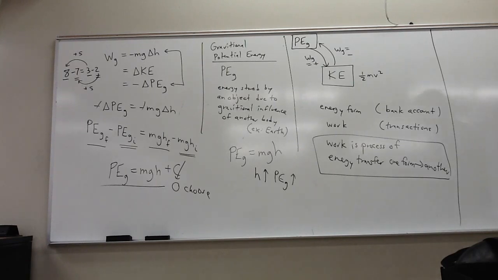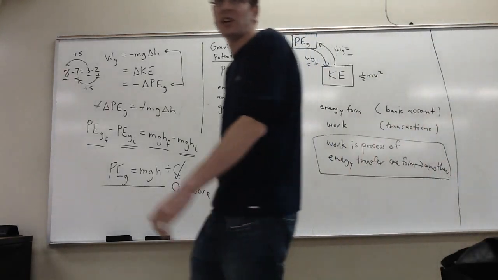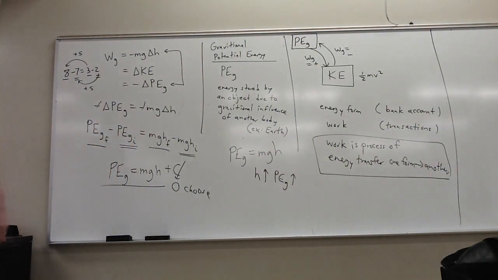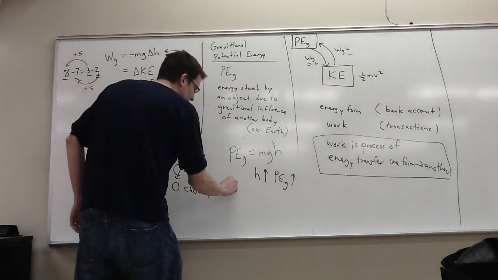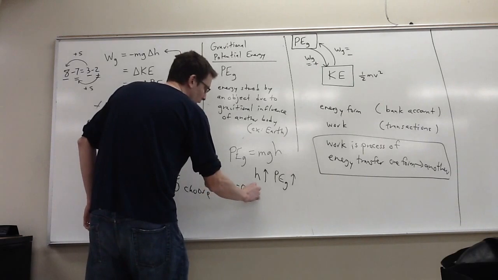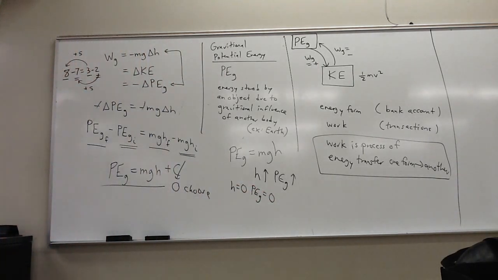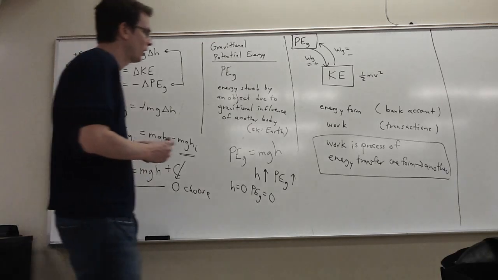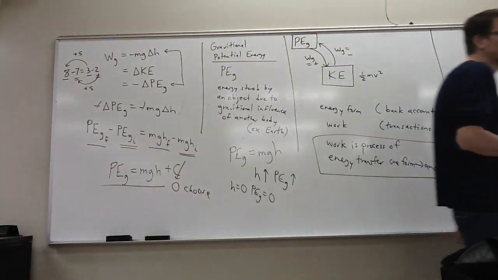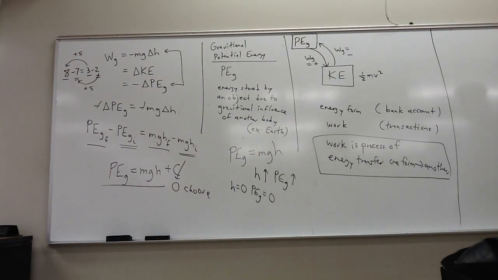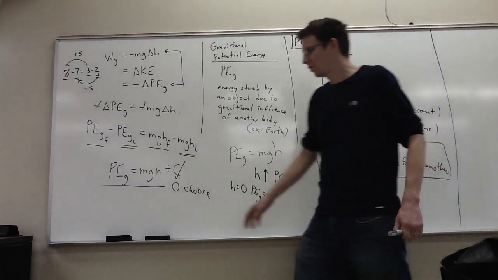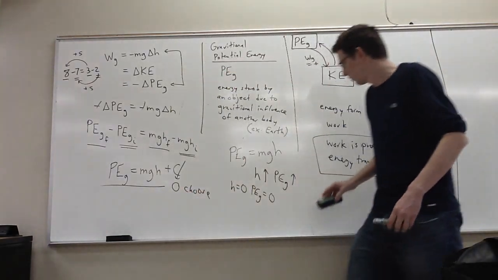Well, we are free to choose h equals 0 wherever we want. Choosing h equals 0 is like an origin. At h equals 0, our potential energy is 0. And so here's what I recommend, just to make your life easier: pick h equals 0 at the lowest height of interest.